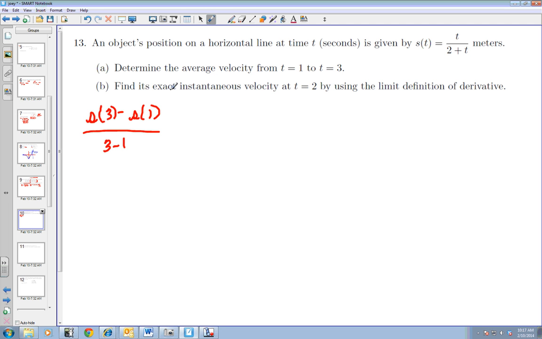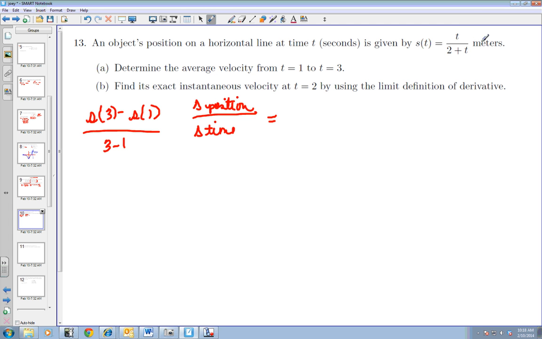Okay, so average velocity is the change in your position, and that little triangle stands for the change in, over the change in time. So what I want to do is find out what my position is at 3, here's my position at 1, and then divide that by 3 minus 1.